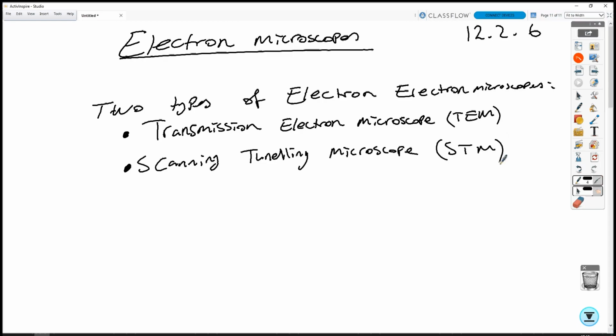Both of these offer much greater resolutions than a light microscope, because a light microscope is limited by the diffraction limit of visible light.